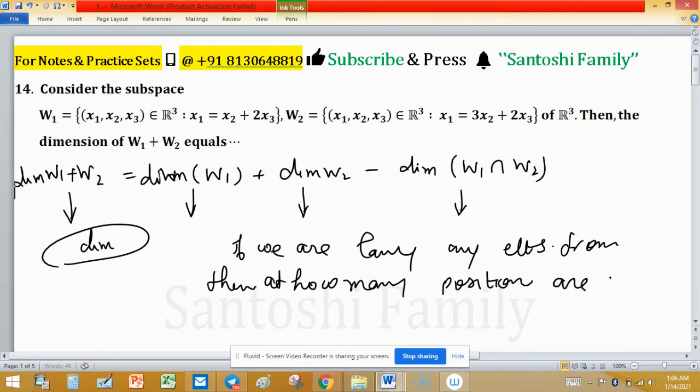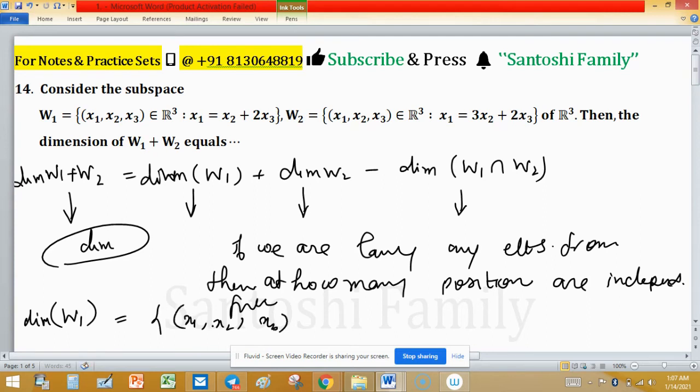Suppose we are talking about the dimension of W1. The elements in W are x1, x2 and x3, which are constituents of an element coming from R3, such that x1 is equal to x2 plus 2x3.